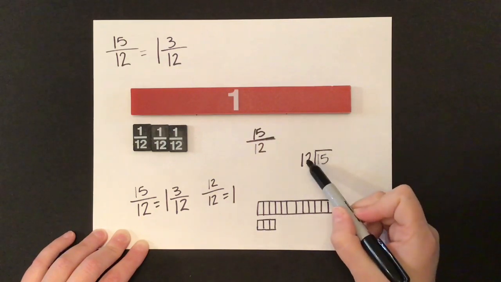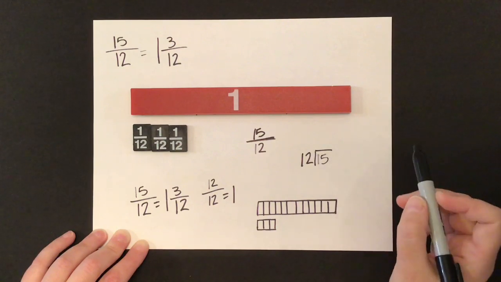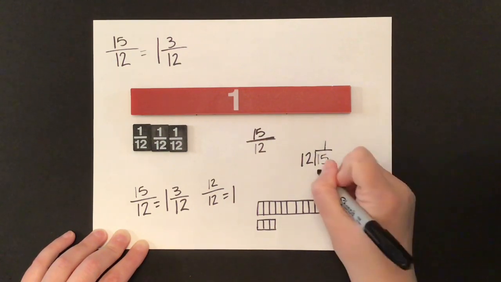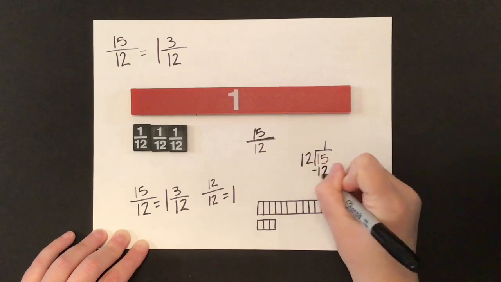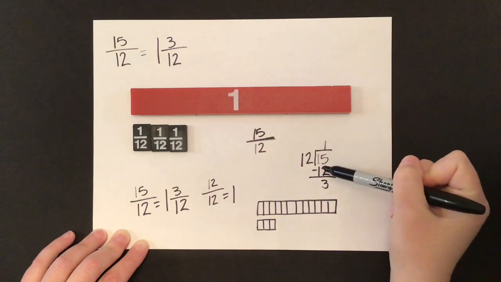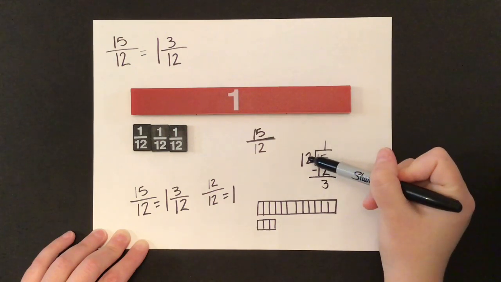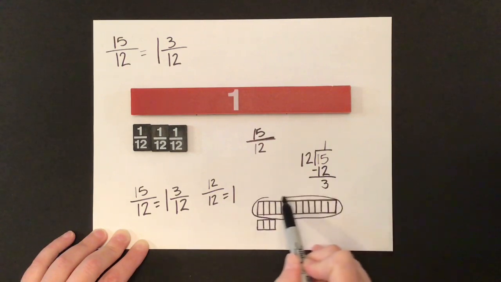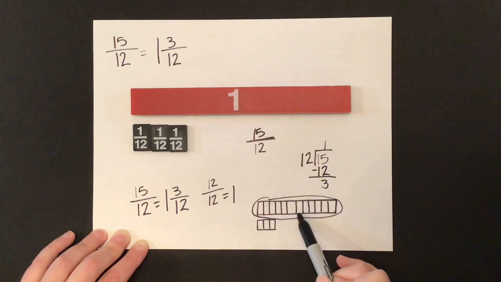When we think about 15 divided by 12, I know that 12 times 1 is 12. So when I go to subtract that, I get 3 left over. And remember that 12 is the number of pieces in each group. So I had enough that I could go ahead and make one group.